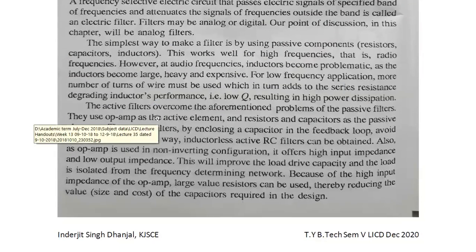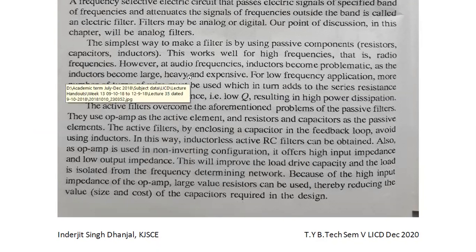The simplest way to make a filter is by using passive components, that is R, L and C. This RLC will work well for higher frequencies or radio frequencies. But at audio frequencies, what happens? For audio frequencies, the inductor becomes problematic because the inductors become large and expensive, since the inductor value has to be large.